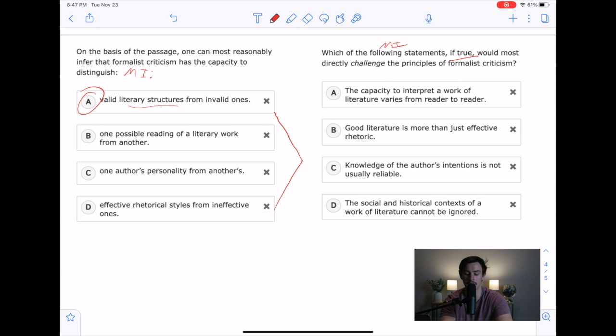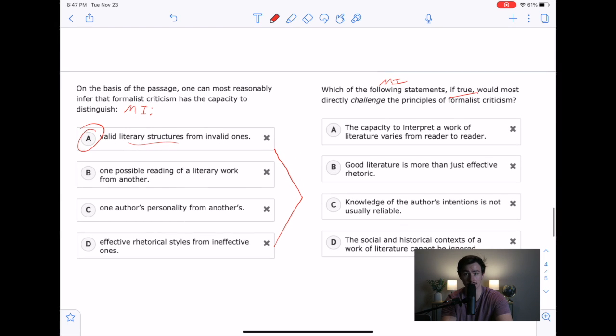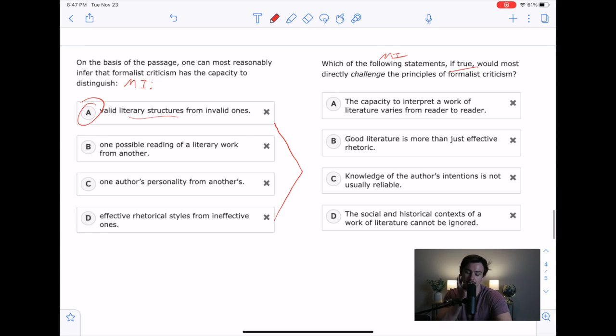So maybe not A. B says good literature is more than just effective rhetoric. We acknowledge that as well. So maybe not B. C says knowledge of the author's intentions is not usually reliable. Well, we didn't really speak about that, but we are actually discounting the author's intentions for formalist criticism. So that would not challenge formalist criticism because we're already doing it. So we're already doing or acknowledging all three of these.